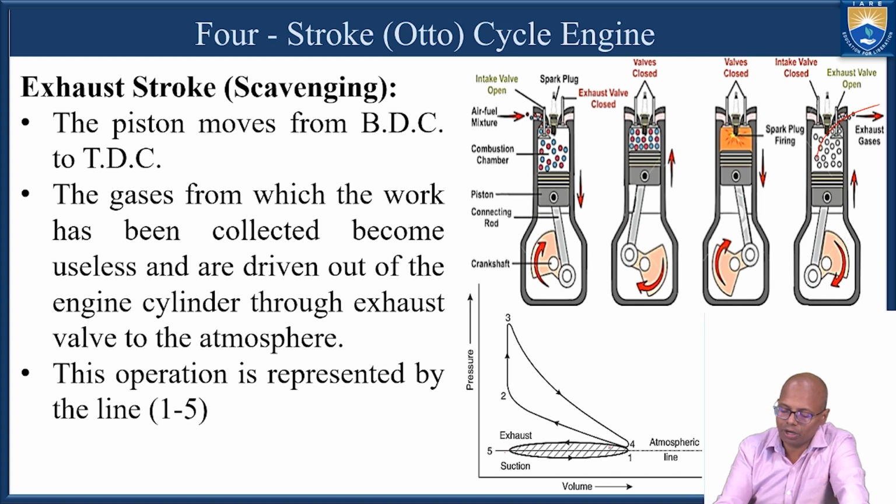So 1 to 5 is the exhaust line, and 5 to 1 is the suction stroke. The air standard cycle is 1, 2, 3, 4, but the actual cycle is 5, 1, 2, 3, 4, 5.